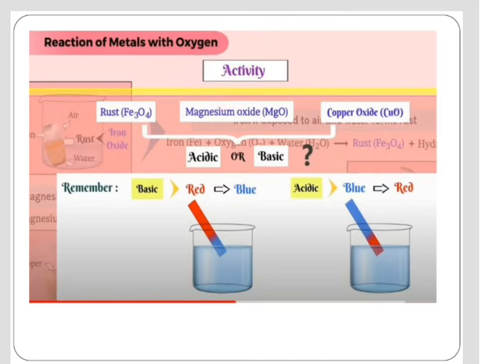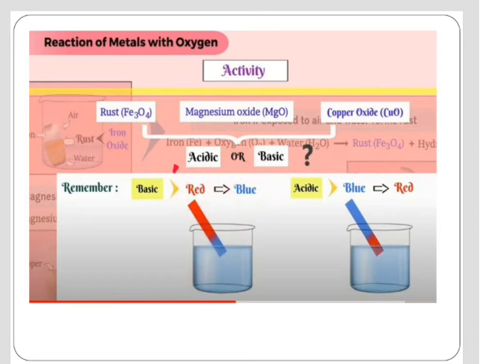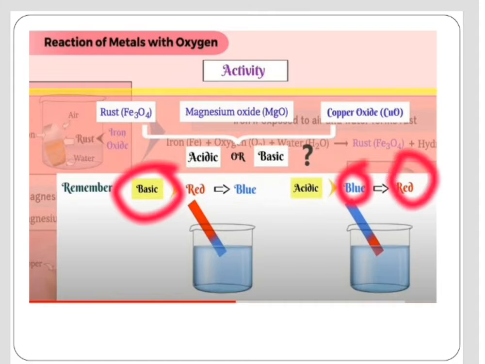If in a solution red litmus paper turns blue, then the solution is basic. And if blue litmus paper turns red, then the solution is acidic.